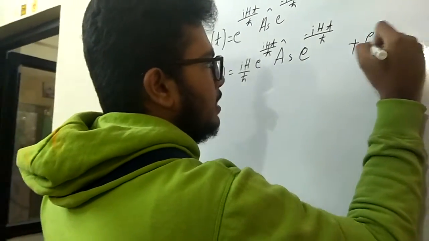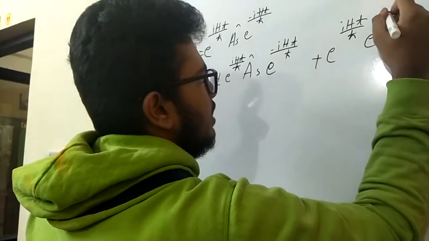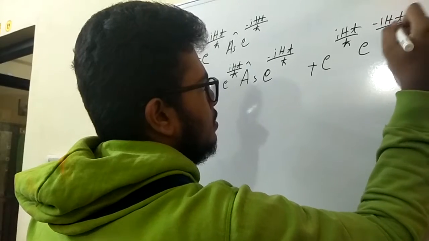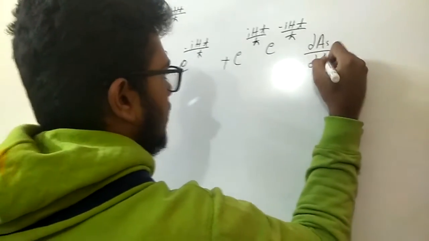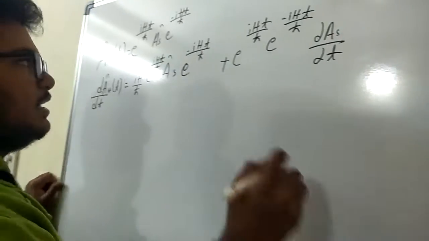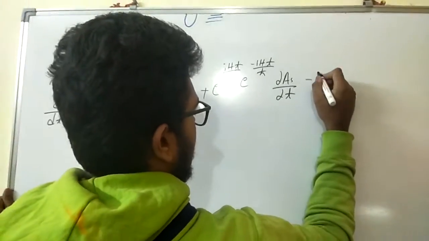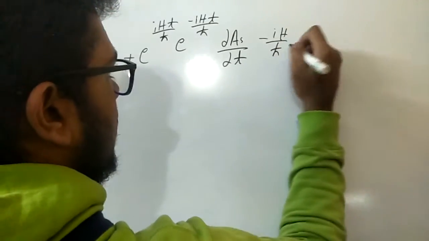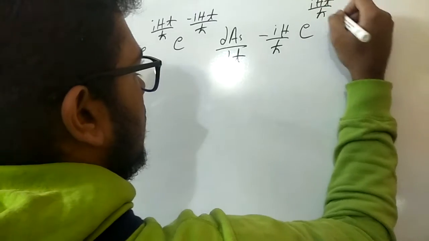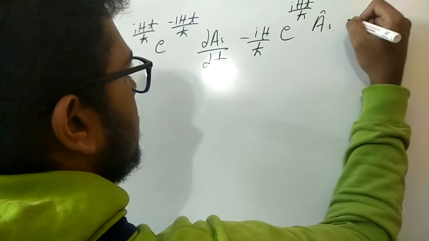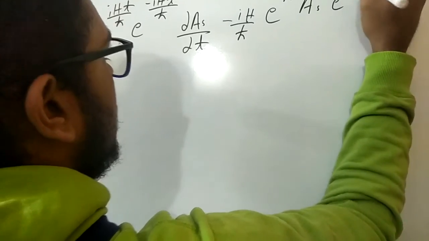So you have e to the iHt over h bar, e to the minus iHt over h bar, and dA_S/dt, and finally we differentiate the last term, so we would have minus iH over h bar, e to the iHt over h bar, A_S, and e to the minus iHt over h bar.